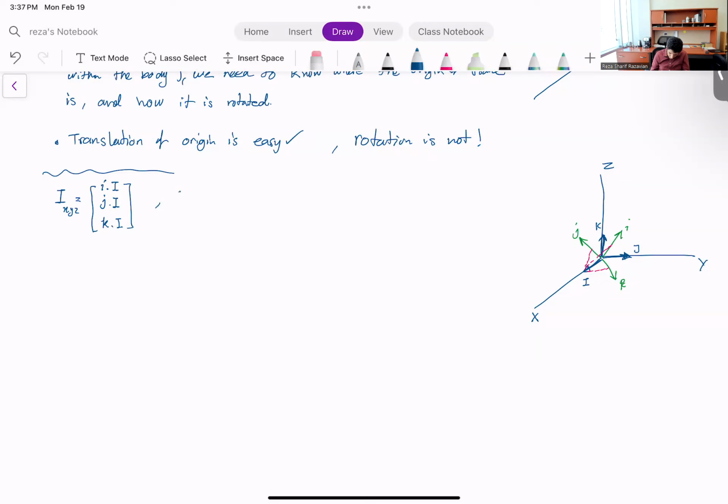Similarly, I can write my J in the XYZ frame. A bit longer. This one is black.